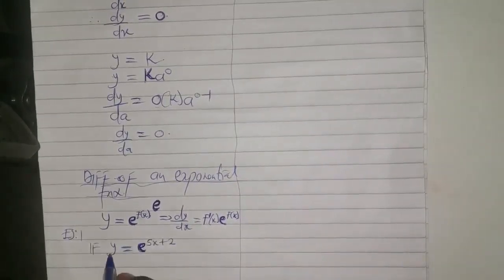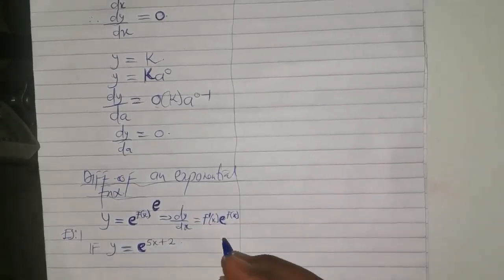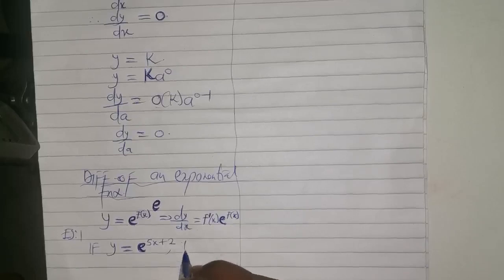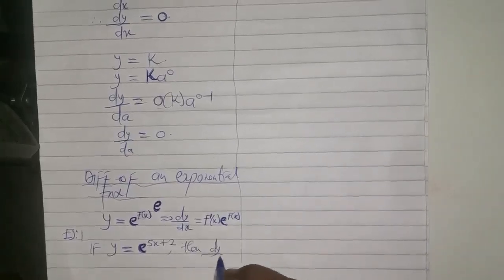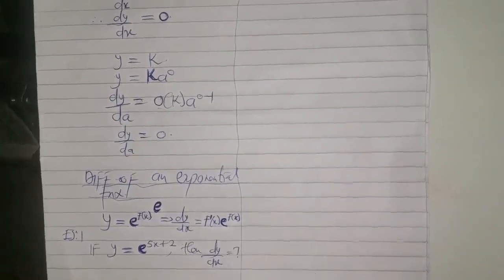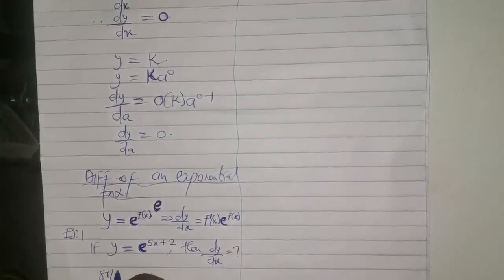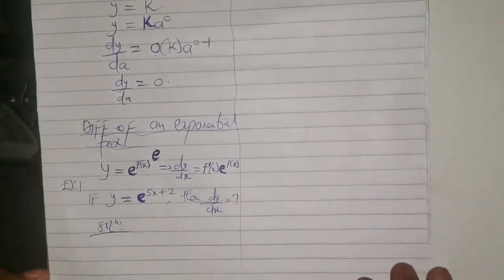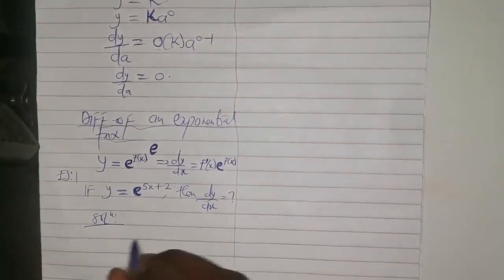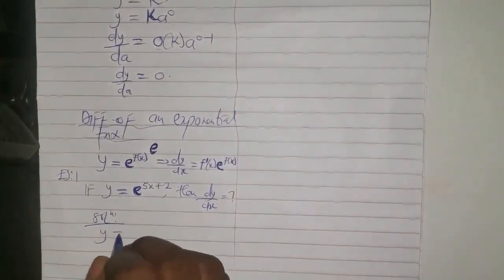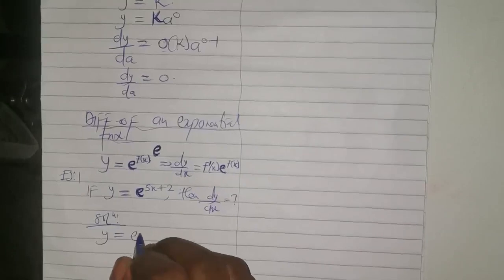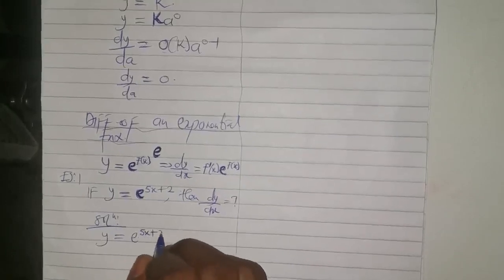So for example, I have y is equal to e to the power 5x plus 2, then my dy over dx will be equal to what? I can say that my solution here is y equals e to the 5x plus 2.